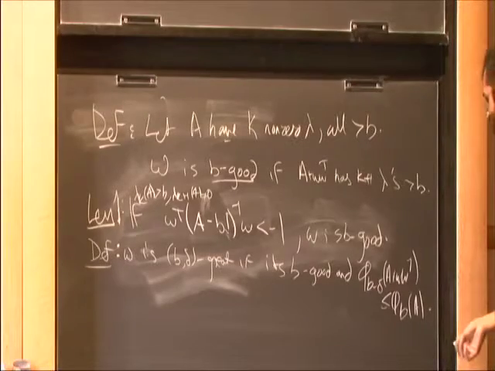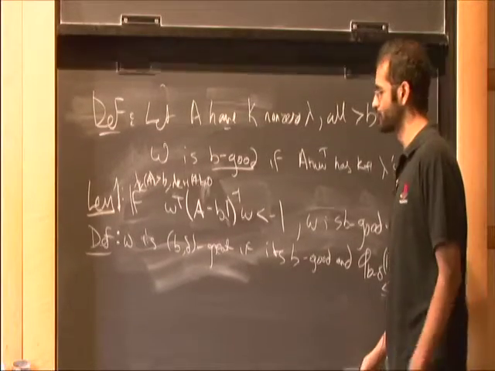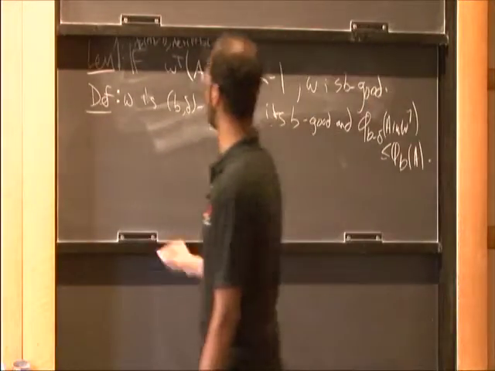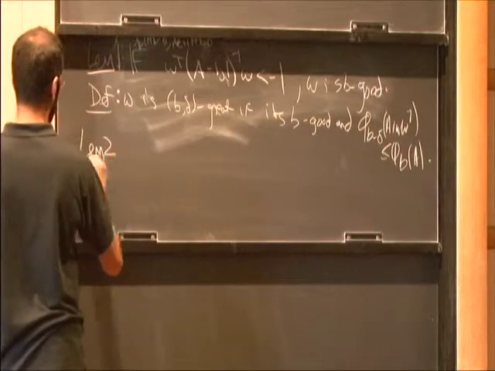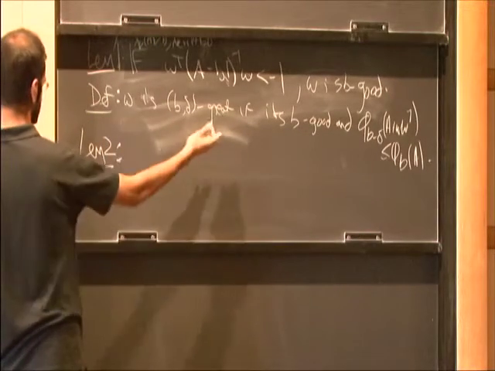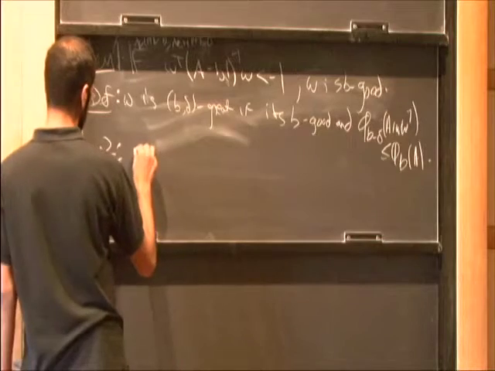Now I'm going to prove a lemma which identifies when a vector is B-delta great.